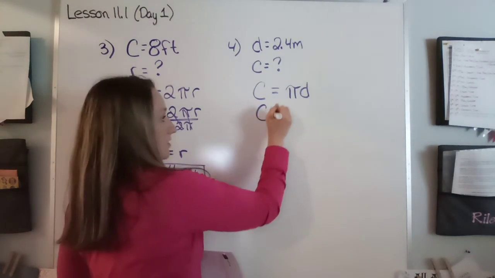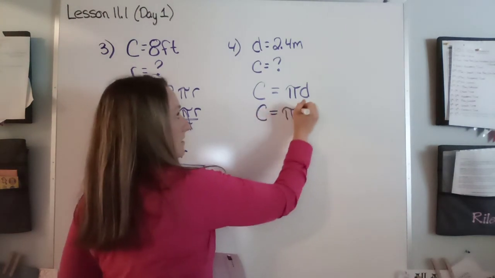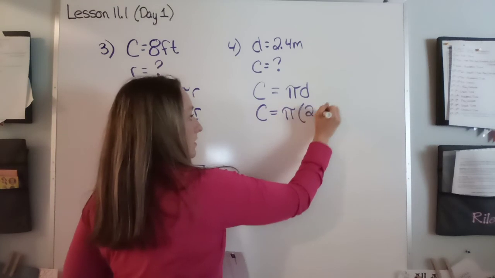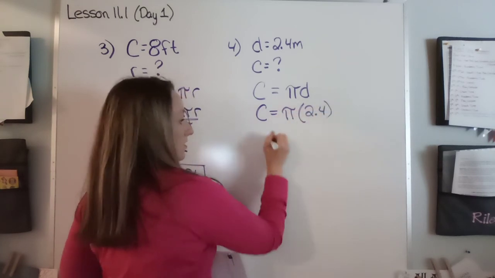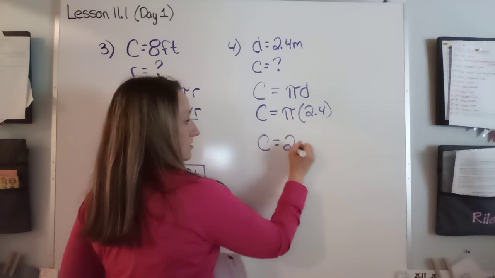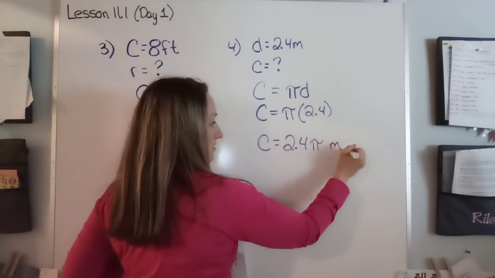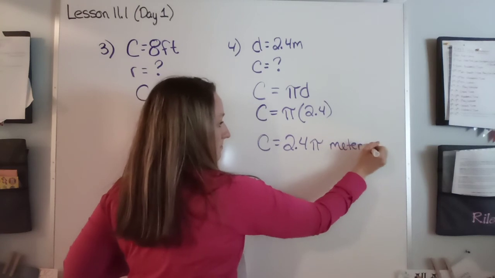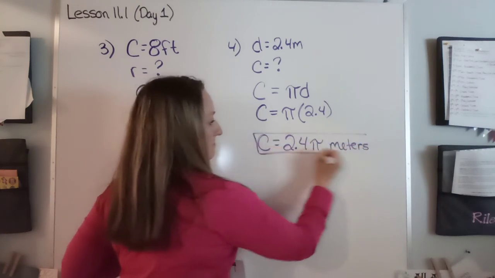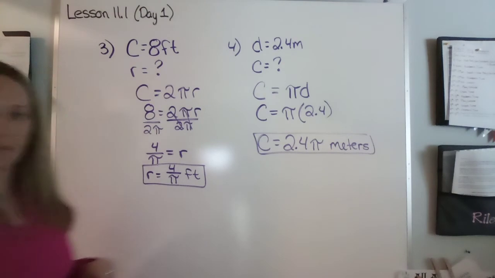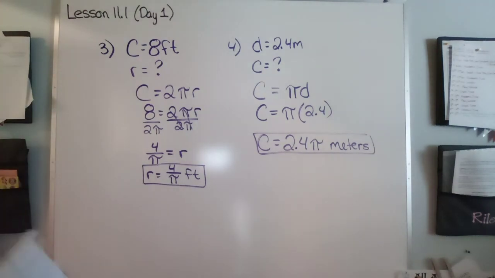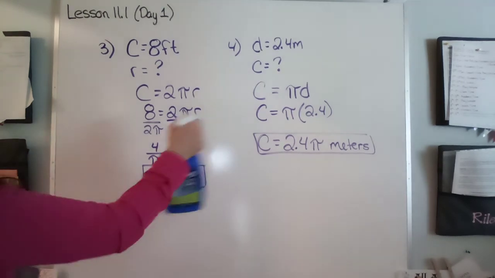So now I have circumference is equal to pi times 2.4. So your answer is the circumference is 2.4 pi meters. Okay. All right, let me erase and get ready for the next part.